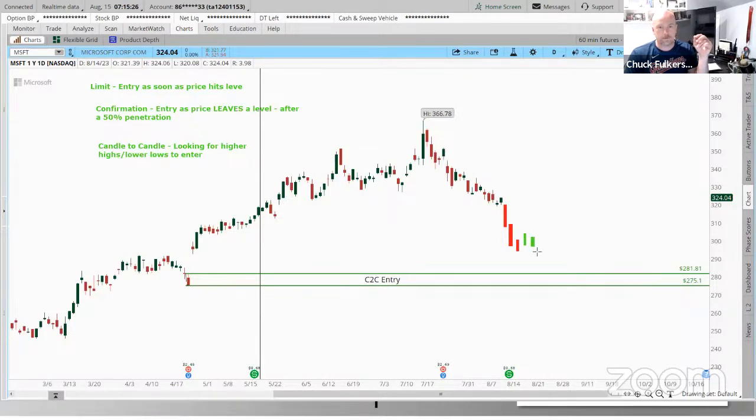Maybe we have a slightly less aggressive entry into the zone, and maybe there's even some basing in front of the level, right? And so as price comes into the level, it's a bit less aggressive. And we start to make our way into the level, and then all of a sudden we're in the level.